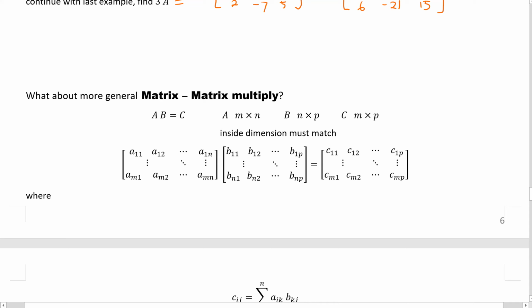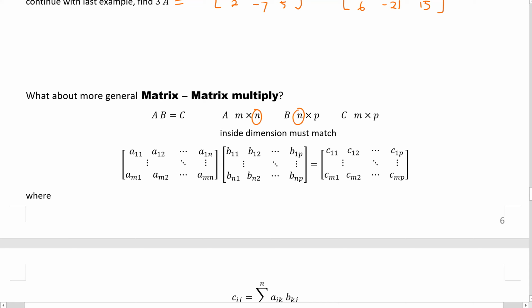Okay, so matrix multiplication, we need to make sure the inner dimensions match. So if we have A times B, then the inner dimension, you can see they're both N in this case.